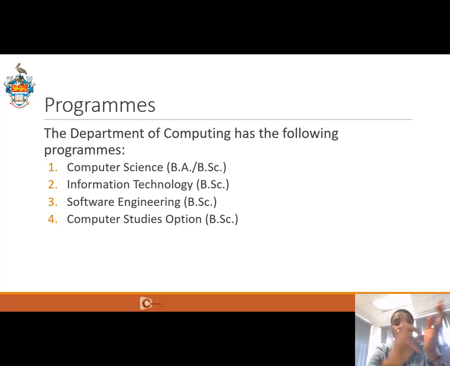Approved CAPE science subjects would be anything from biology, chemistry, computer science, physics, or pure mathematics. Okay, note that information technology is not included. And you should also note that computer science and the information technology and software engineering all have common first year courses.